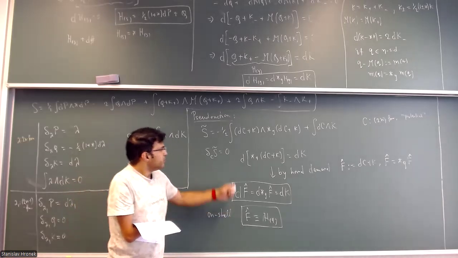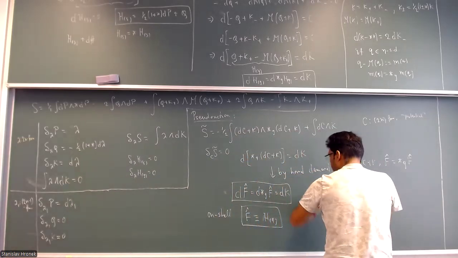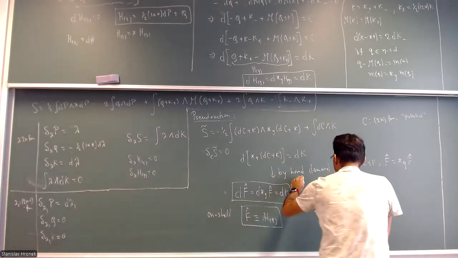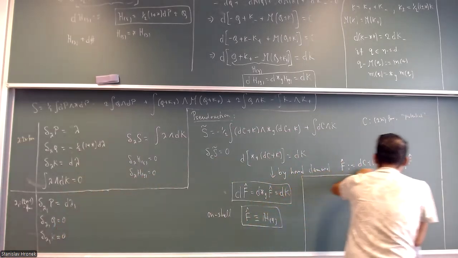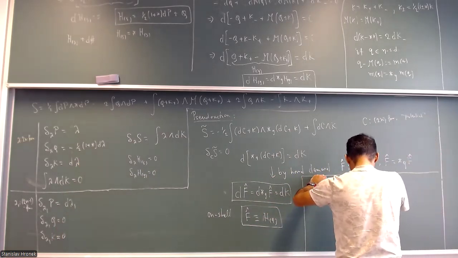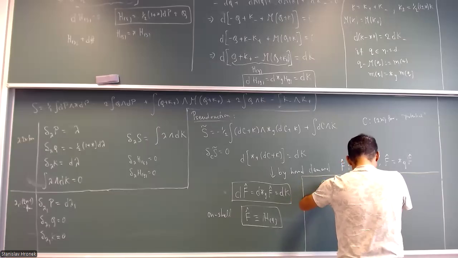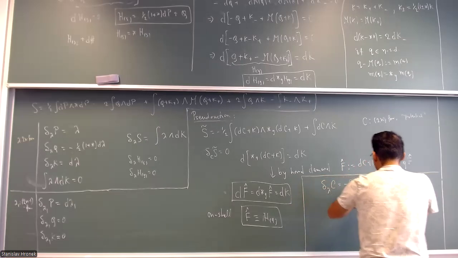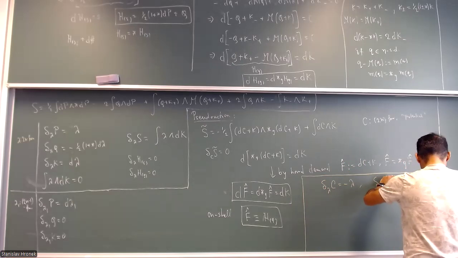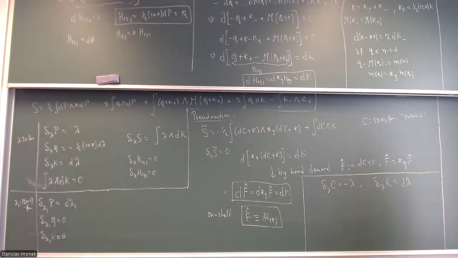But this is not enough. This action is also something that has a gauge symmetry. So let me maybe use the color. The gauge potential changes like this, and the field strength changes exactly like that as it was before.